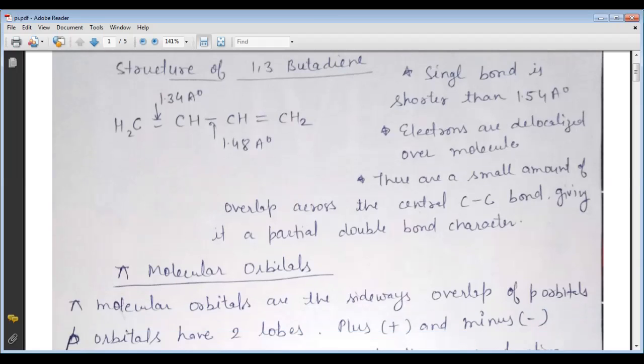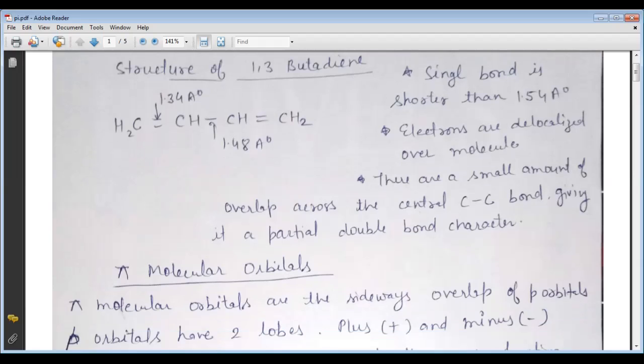The electrons are delocalized over the molecule, and there is a small amount of overlap across the central carbon-carbon bond, giving it a partial double bond character.